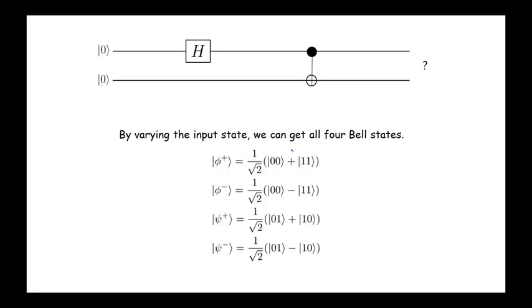But in fact, there's a whole basis of Bell states. There are 4 orthogonal Bell states. These are called the Bell basis states. And they look like this.